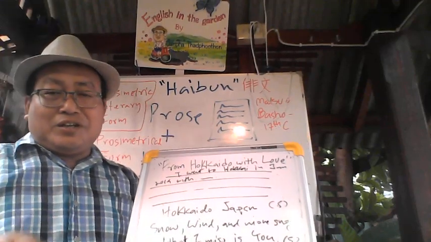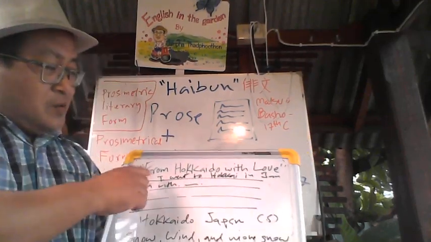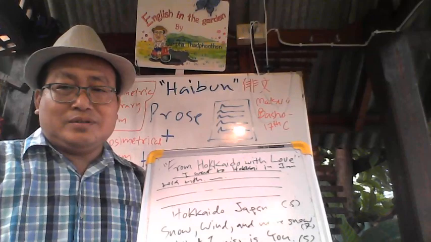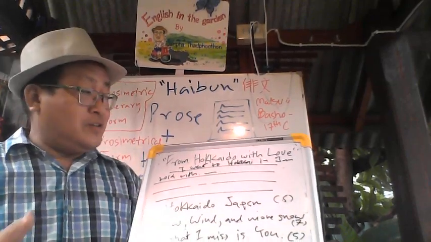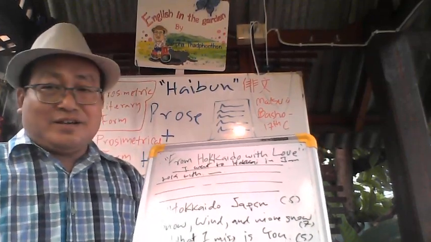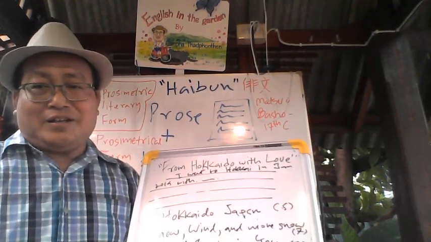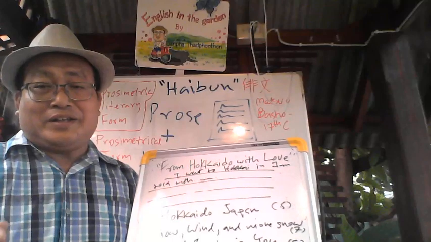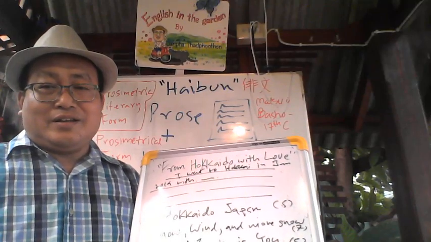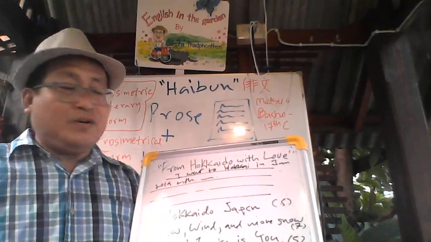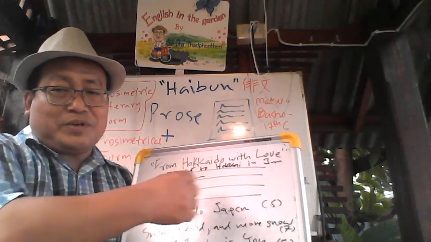And then you begin your prose. I went to Hokkaido, the northern part of Japan, with some other English language teachers in early 2020. I had never been there before. Yeah, you describe your experience.